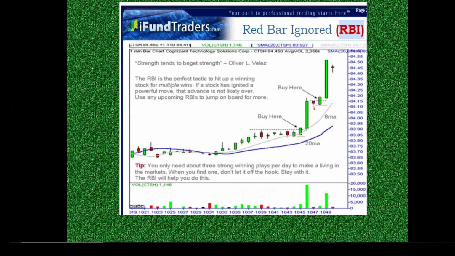This follow through took a little longer, and then it gave you that bull elephant bar. It wasn't one exact bar right after. You're going to see different scenarios all the time. As Oliver says, strength tends to beget strength, right? So this is strength. Pause a little bit and it gives you more strength.